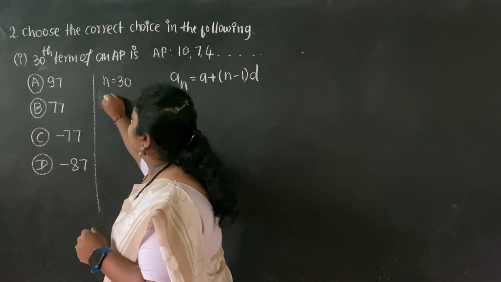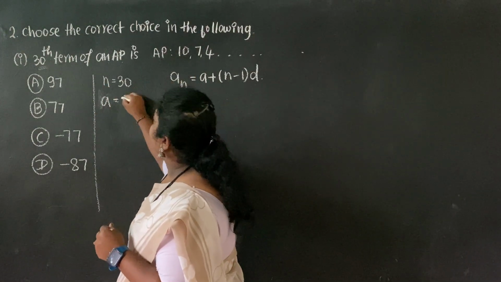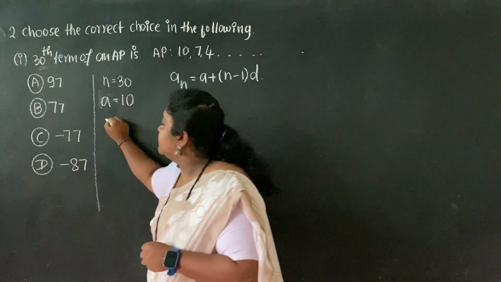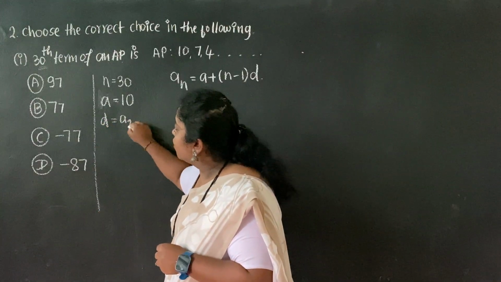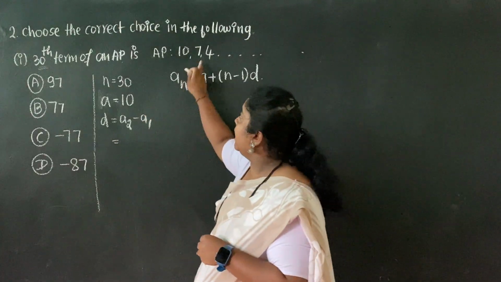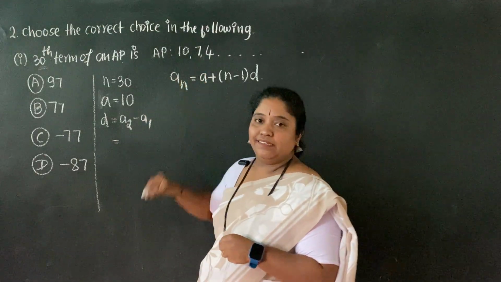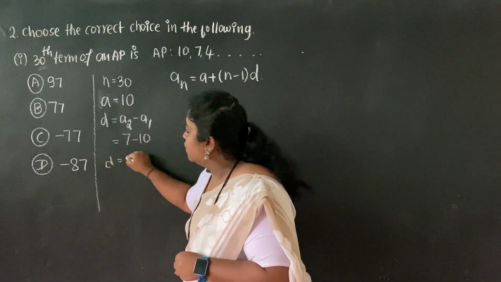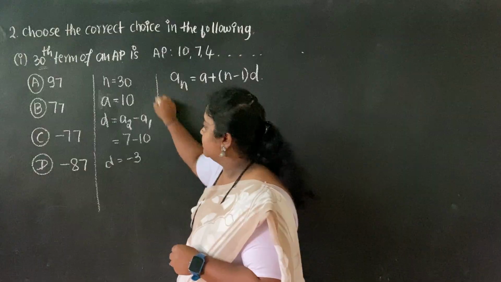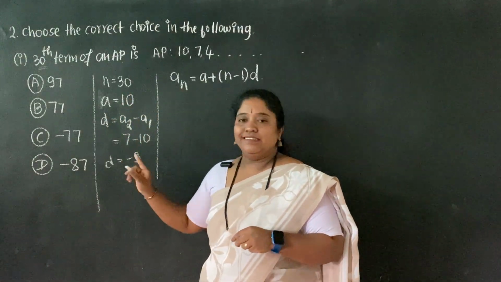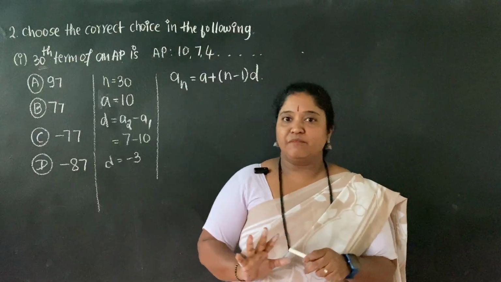In this arithmetic progression, a is 10, the initial value. And what is the d formula? A2 minus A1. A2 is 7, A1 is 10. So 7 minus 10, d is equal to minus 3. You see here, n is 30, a is 10, and the common difference d is minus 3.